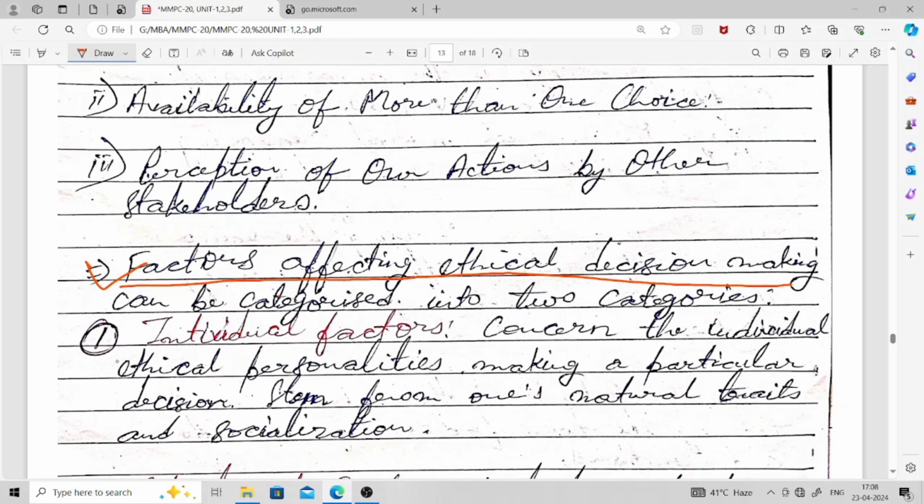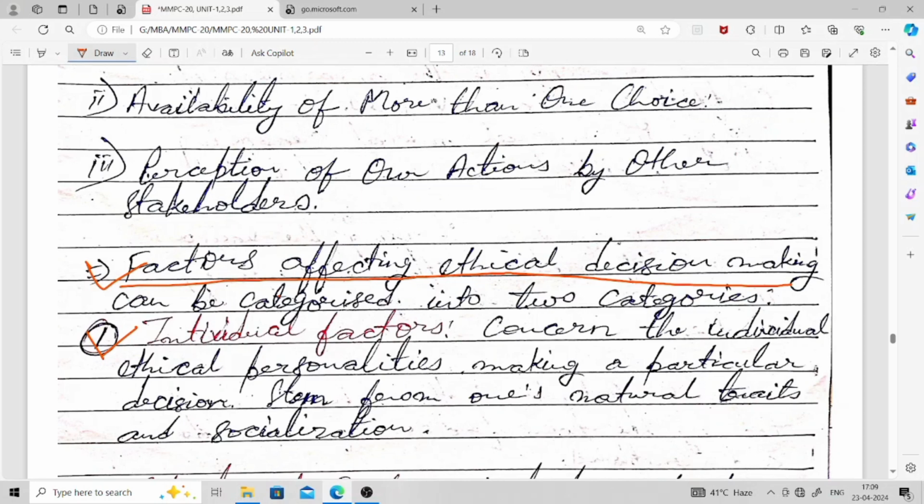The first factor in ethical decision making is individual factors. What are these? They concern the individual ethical personalities making a particular decision. Individual factors are those which are due to individual ethical personalities.